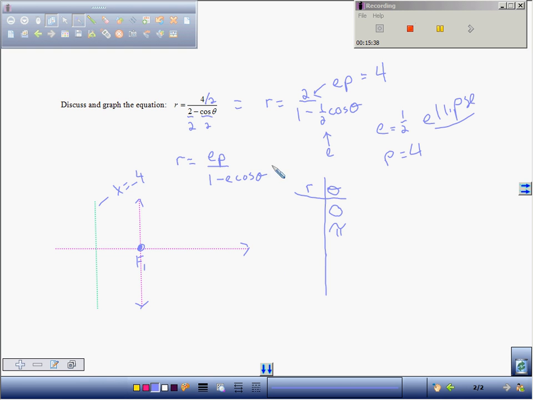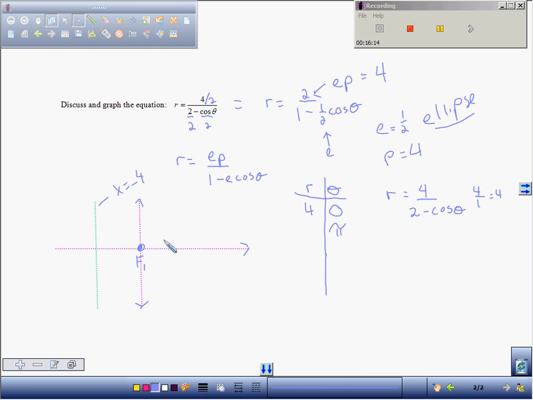So when I plug 0 into this equation, and you could plug it into the original equation, let's go back to our original equation: R equals 4 over 2 minus cosine theta. When I plug 0 in here, what's the cosine of 0? 1. 4 over 2 minus 1, which is 1, you get out 4. So when theta is 0, r is 4.